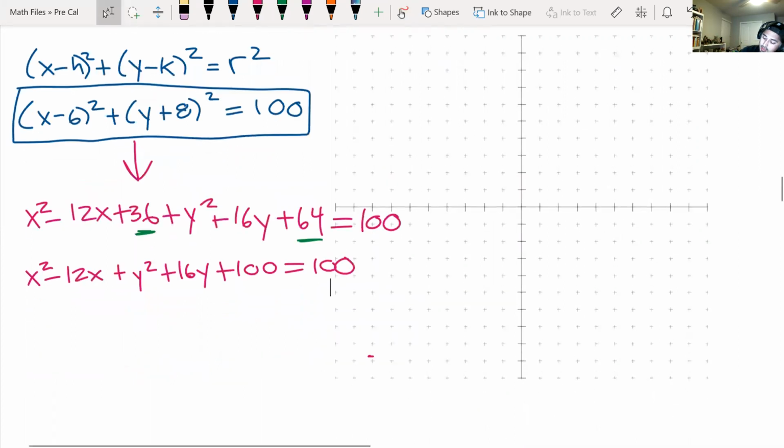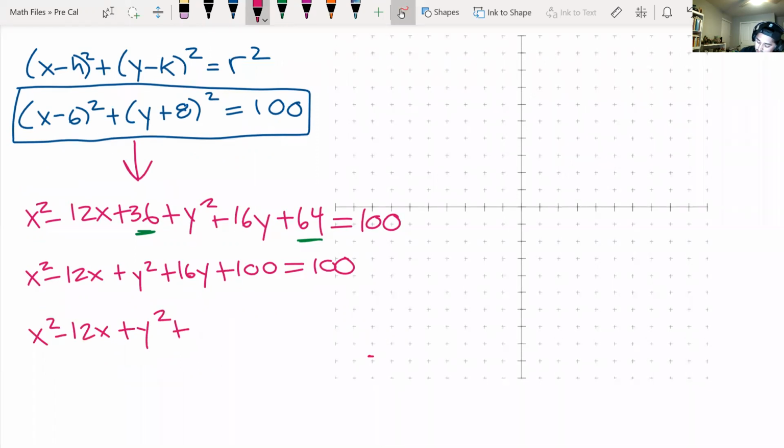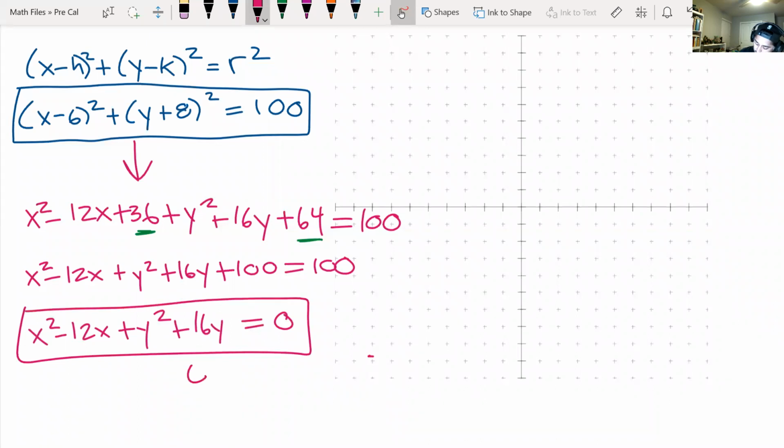And if you move that 100 over, then yes, these will cancel and leave us with the general form of x squared minus 12x plus y squared plus 16y equal to 0. General form, standard form. Good.